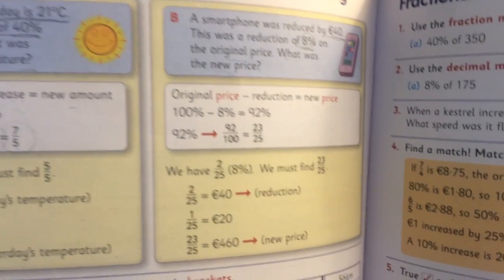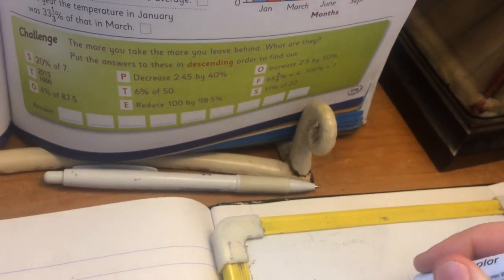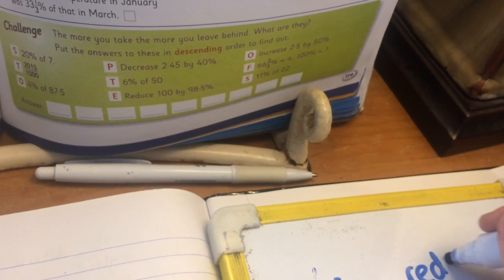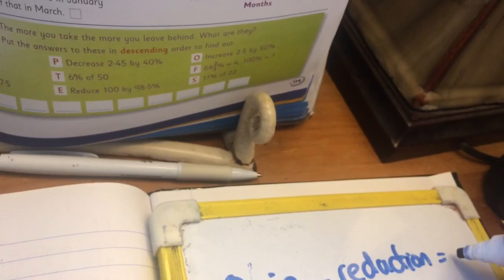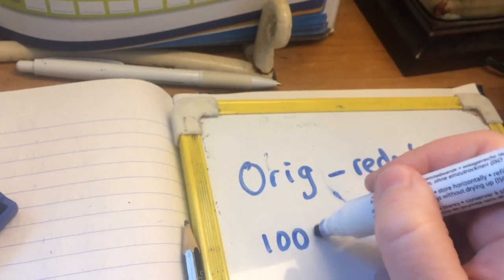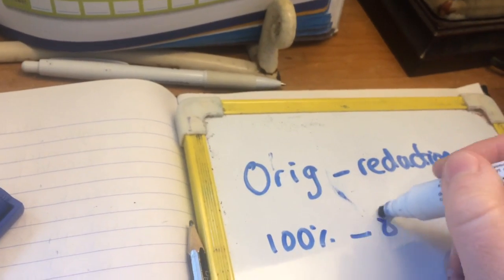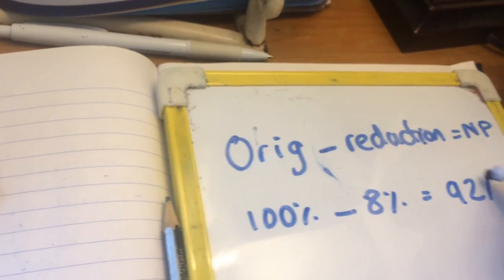So the original price take away the reduction equals the new price. All right, so that means the original was 100%, we'll say. Take away 8% equals the new price, which is 92%.